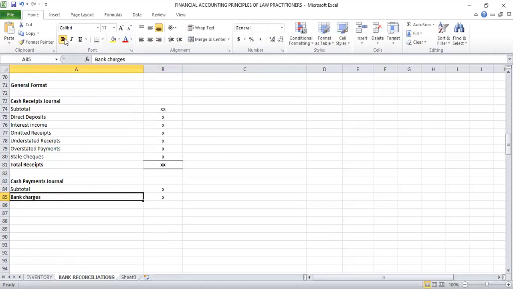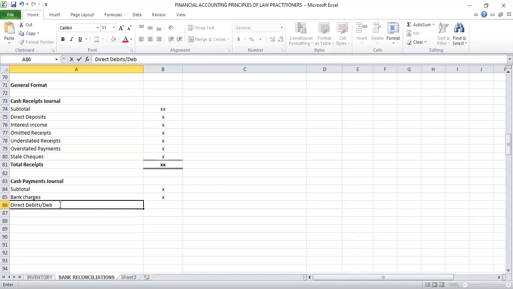We have direct debits or debit orders or stop orders or standing orders. These are slightly different, but their effect is the same.